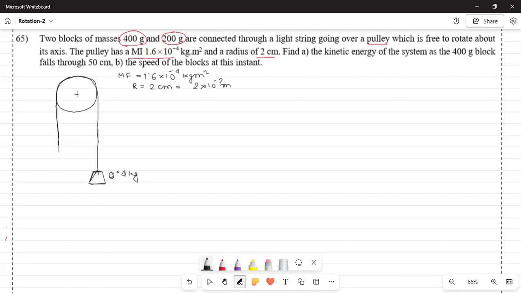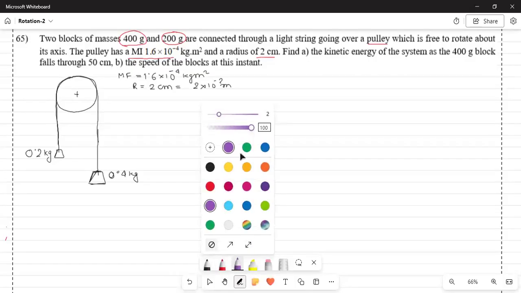And this is a 0.2 kg block. Fine. What is the question? Find kinetic energy of the system as the 400 gram block falls through 50 centimeter, etc.